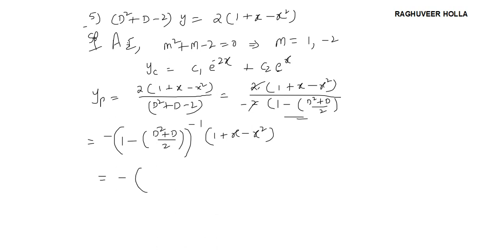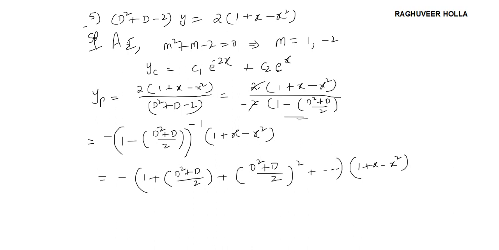Since it is minus here, that would be 1 plus (D square plus D) divided by 2, and again plus (D square plus D) divided by 2 whole square, plus so on. That won't be necessary to multiply, since it goes to 0.